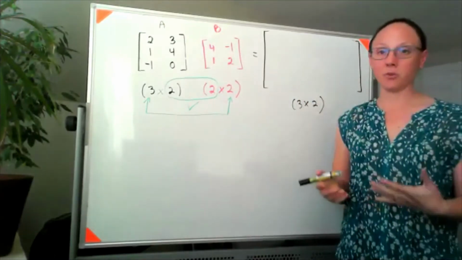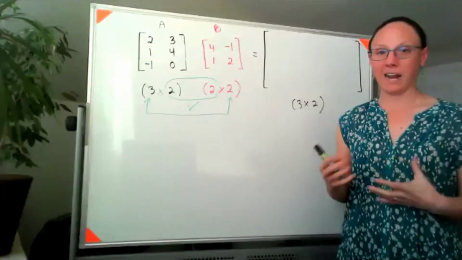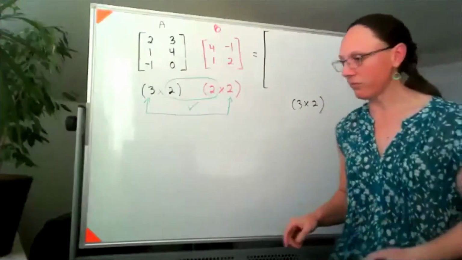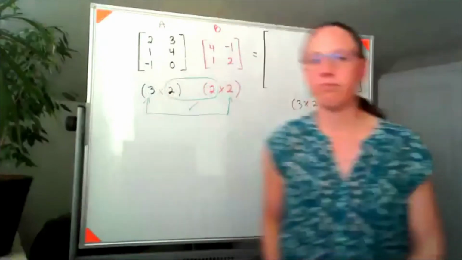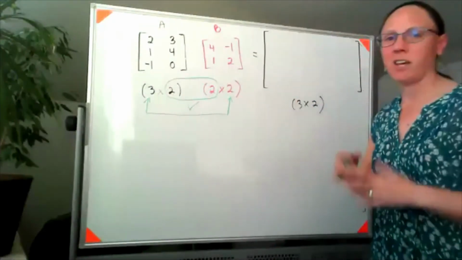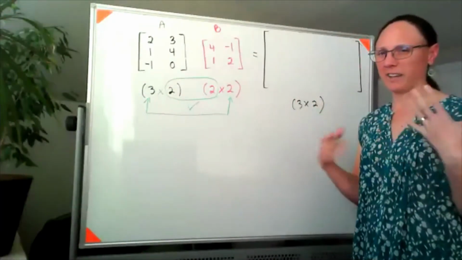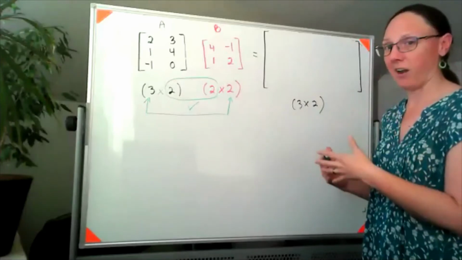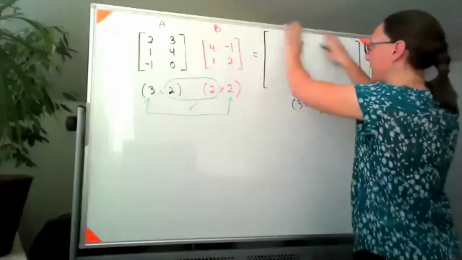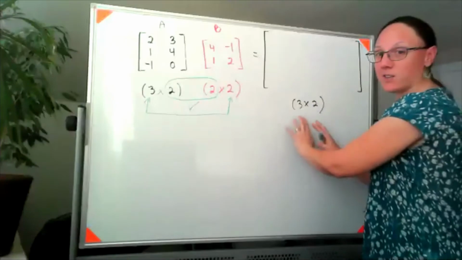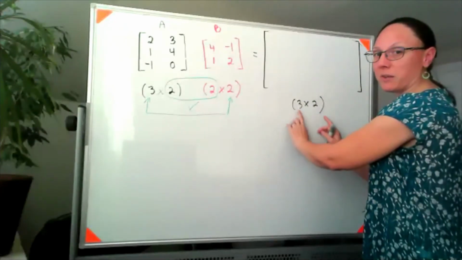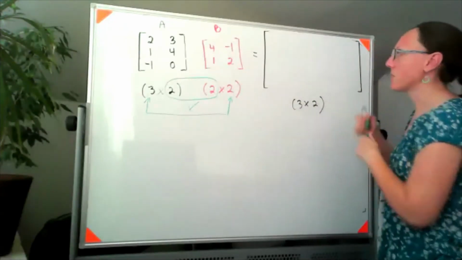I'm going to do this first multiplication problem in slow motion. Once you've done a dozen of them, it'll start to click and it'll feel better. But for now, I'm going to lay this out. So if this is going to be a 3 by 2, that means 3 rows, 2 columns.